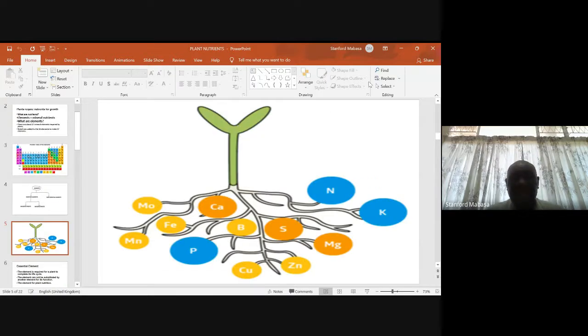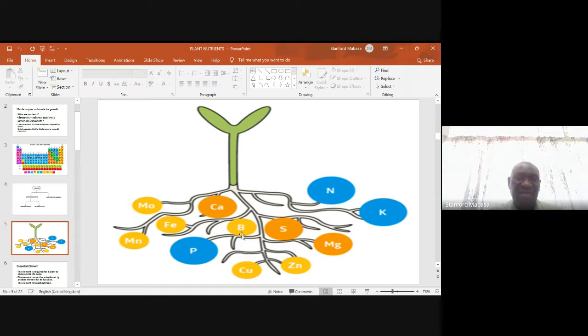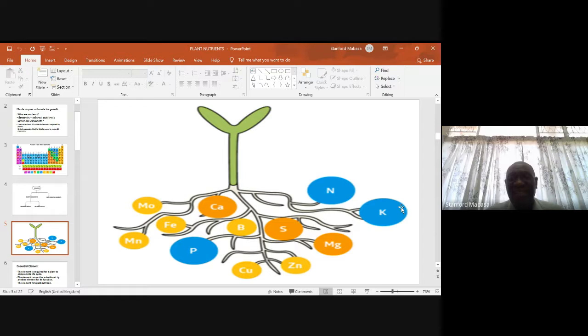We have got a diagram of a plant with the roots, and the roots are accessing various nutrients in the soil which are required by the plant for growth. You may remember some of these symbols. P stands for phosphorus, N nitrogen, and K potassium.